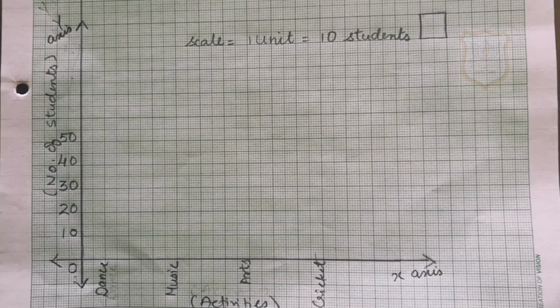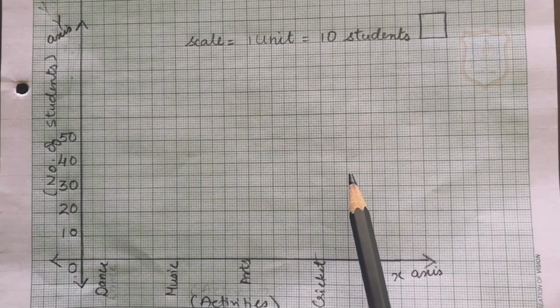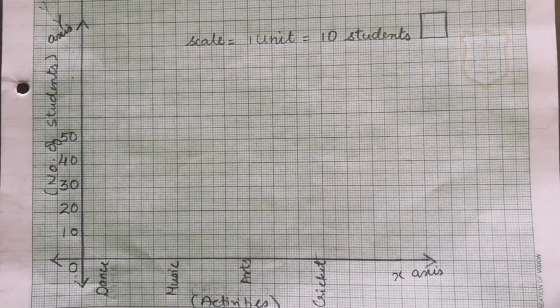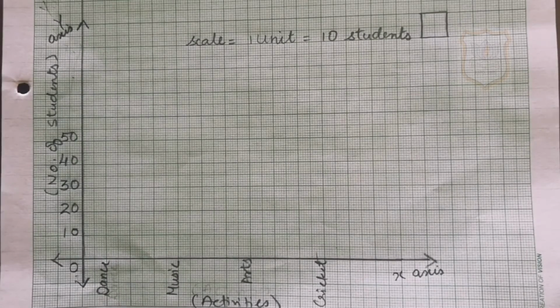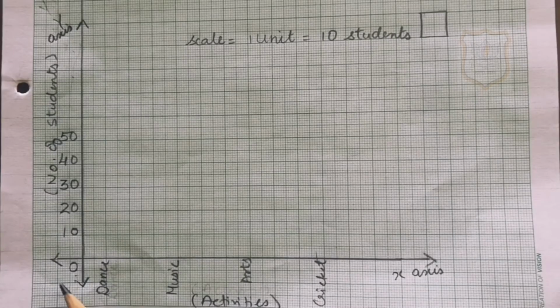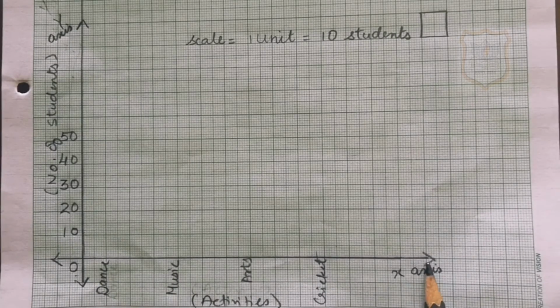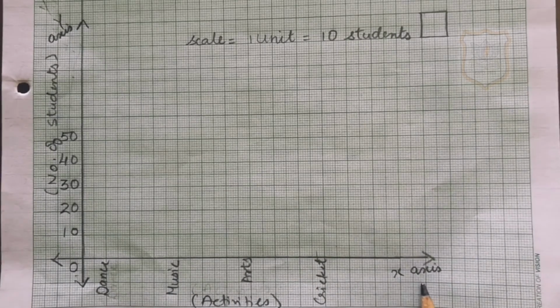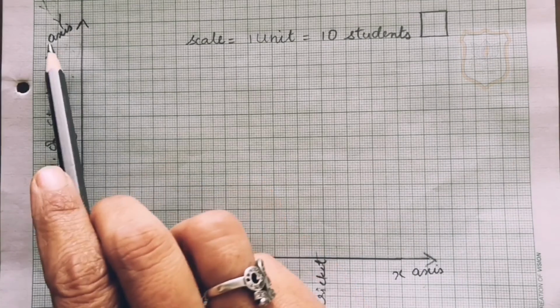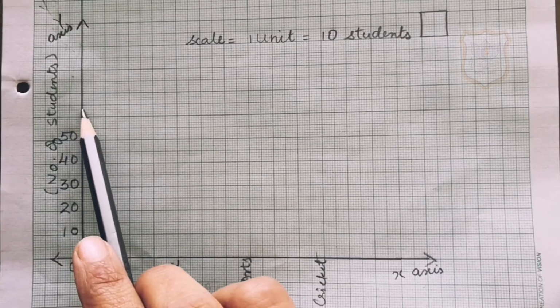Now students, to show the information as a bar graph, we first take a graph paper where we draw two perpendicular lines intersecting at 0. This one line, the horizontal line, will be represented by the x-axis, and the other line, the vertical line, will be represented by the y-axis.